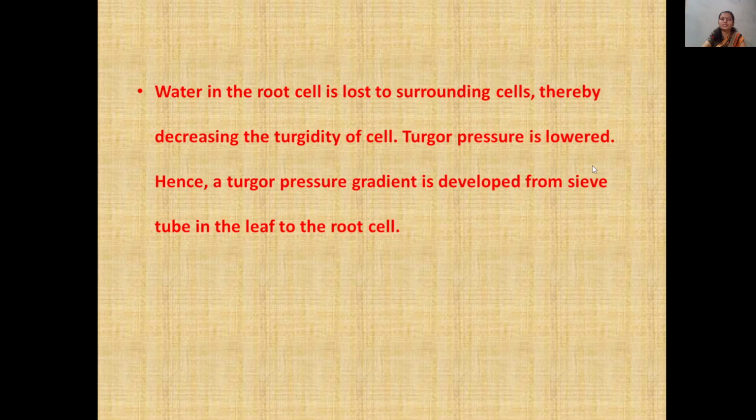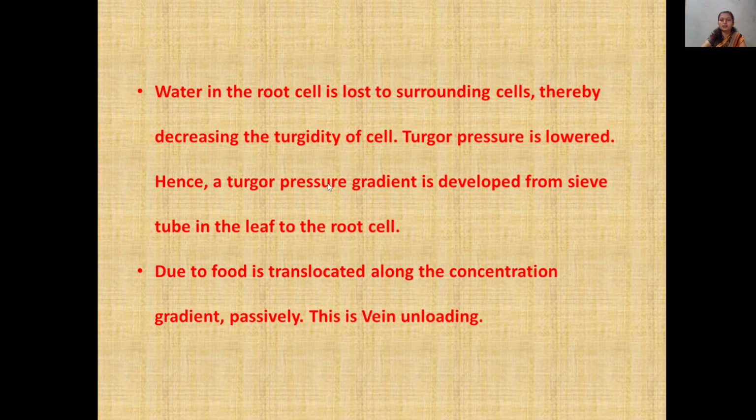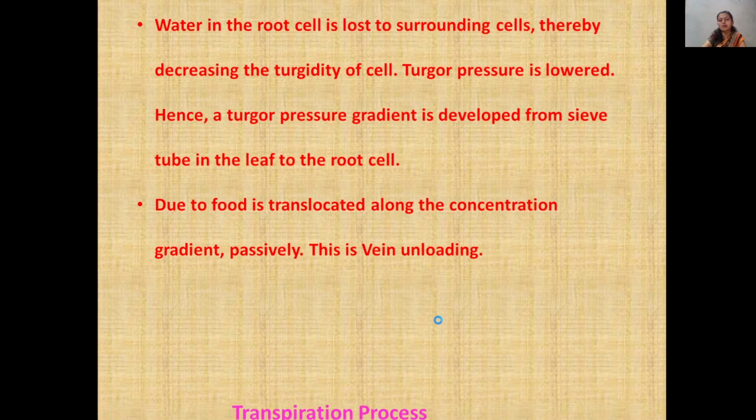Then turgor pressure is lowered, meaning decreased. Hence, a turgor pressure gradient is developed from the sieve tube in the leaf to the root cell. Due to this, food is translocated along the concentration gradient passively. This is called vein unloading.